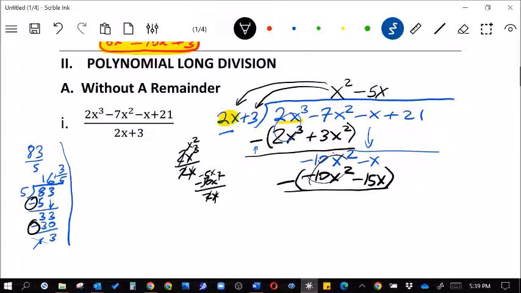So let me write that as negative x minus a negative, or plus 15x. So the minus here, negative here, cancel to make a plus. So it's actually 15x minus x, which means you should end up getting 14x. And we're going to bring the 21 down here.